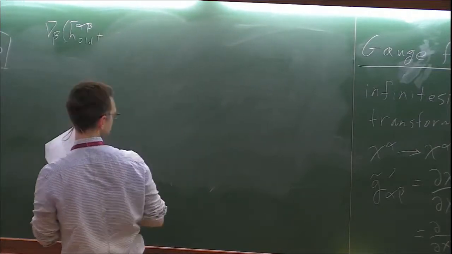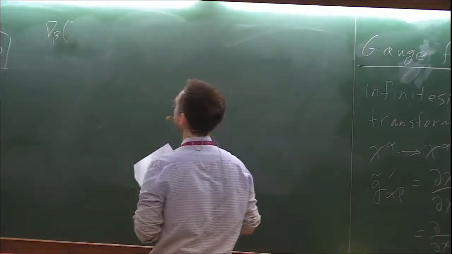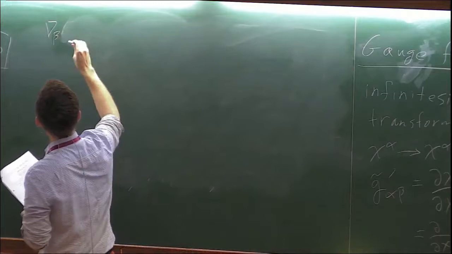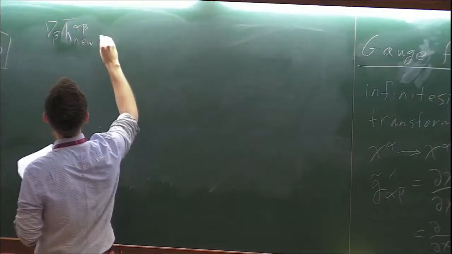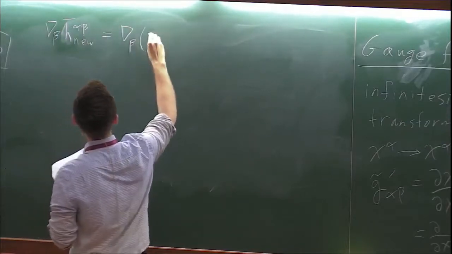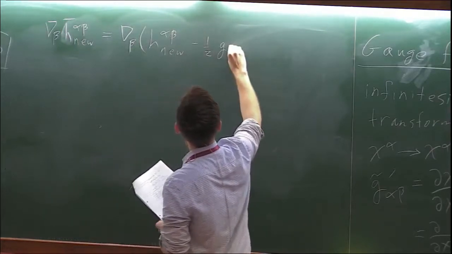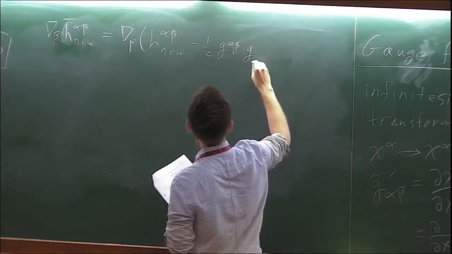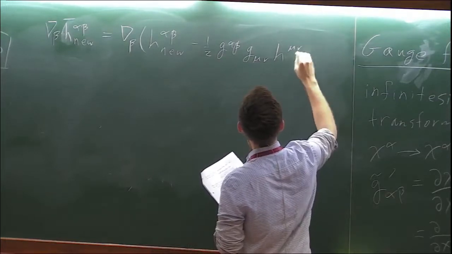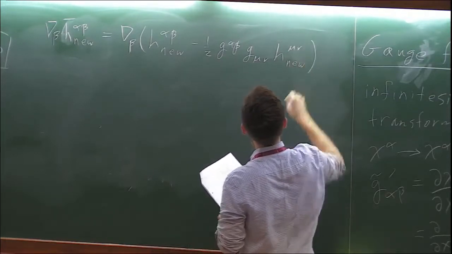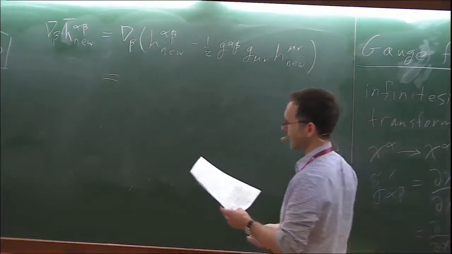plus, actually no, let me first undo this trace reverse. The derivative of h nu alpha beta bar is the divergence of h alpha beta nu minus a half g alpha beta g mu nu h mu nu. And now let's substitute what h nu is in terms of h old and the vector.